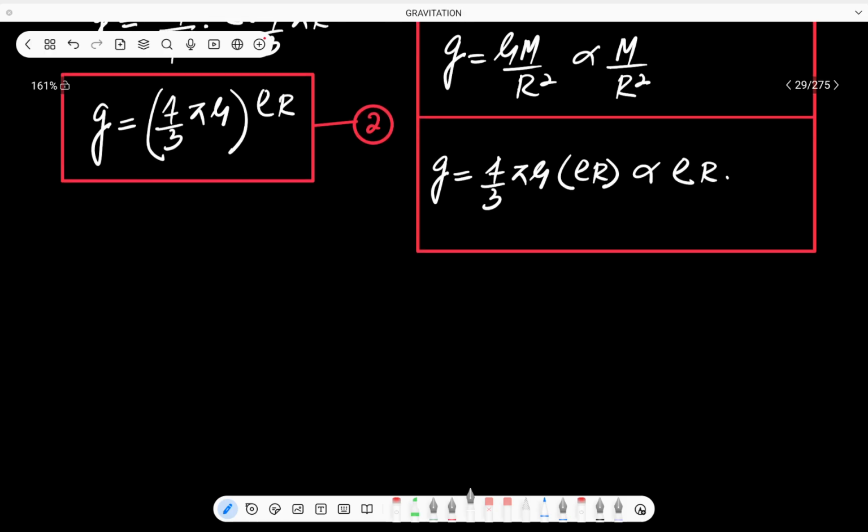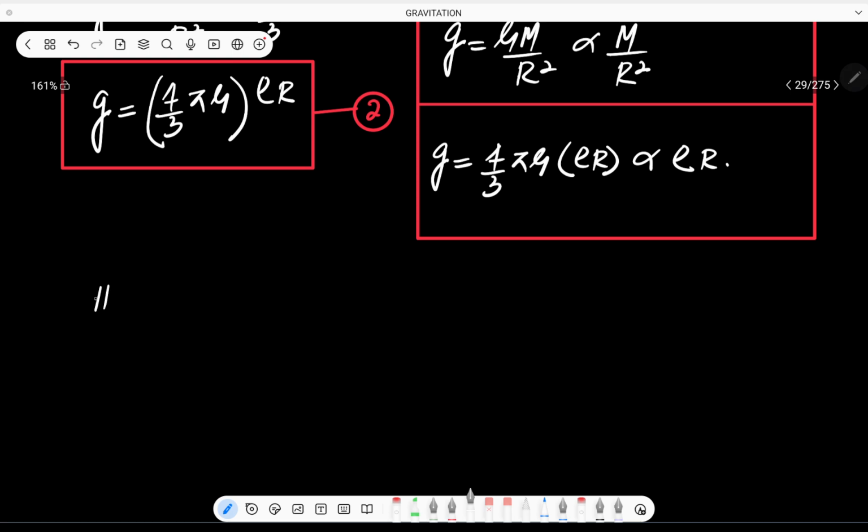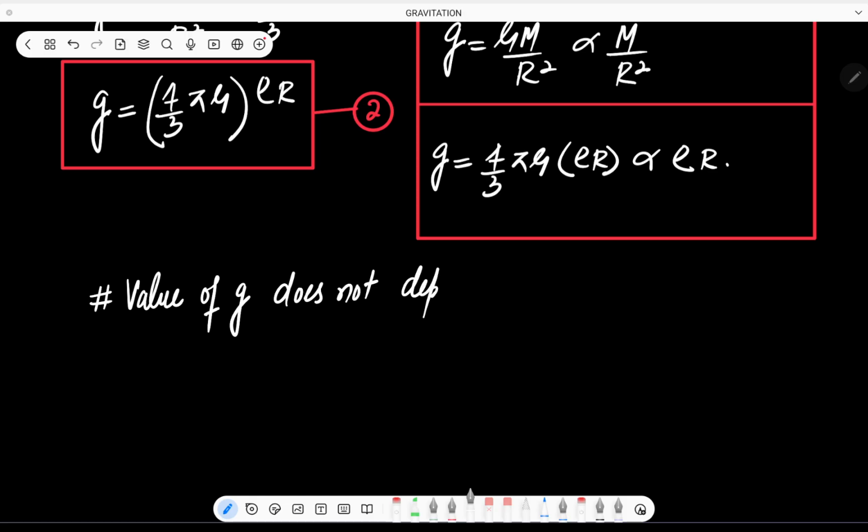And let me write an important point here, and that is the value of this g, acceleration due to gravity, does not depend on a, the mass of the object, and b, it does not depend upon the density of the object.